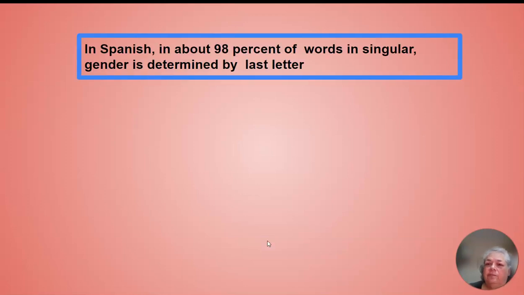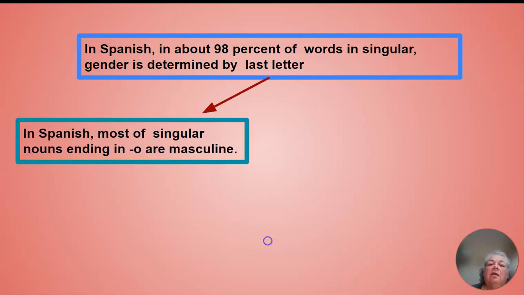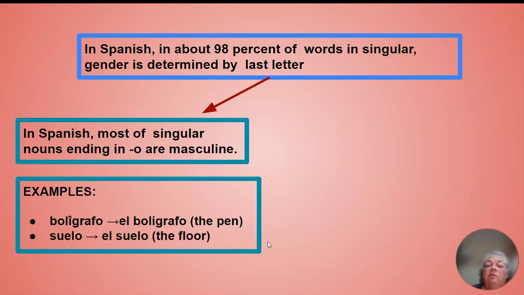In Spanish, in about 98% of the words in singular, the grammatical gender is determined by just looking at the spelling and looking exactly at the last letter. In that sense, we are going to know that a word is masculine from those 98% of the words if the word ends in O. Por ejemplo, from the examples that I had previously, we have the word bolígrafo.